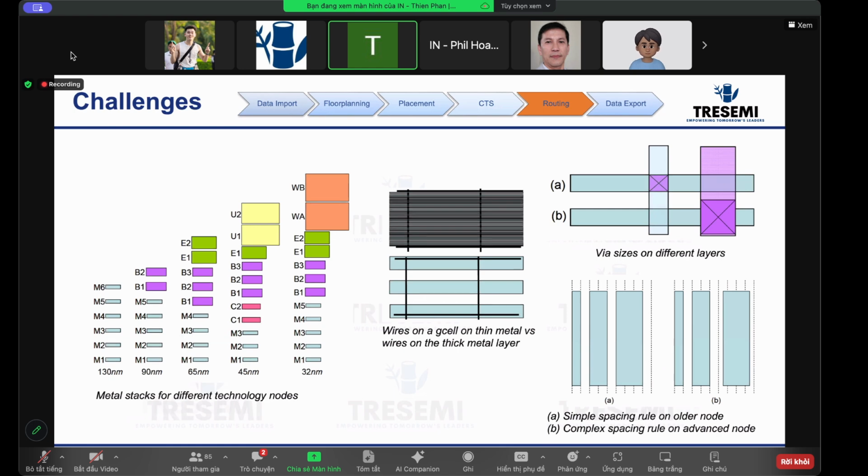Okay. So as you can see here, right? When I'm talking about technology node, we go from 130 to 90, 65, 45, and 32. That's what I meant by reducing or shrinking, right? The device gets smaller, right? So that's how we measure.